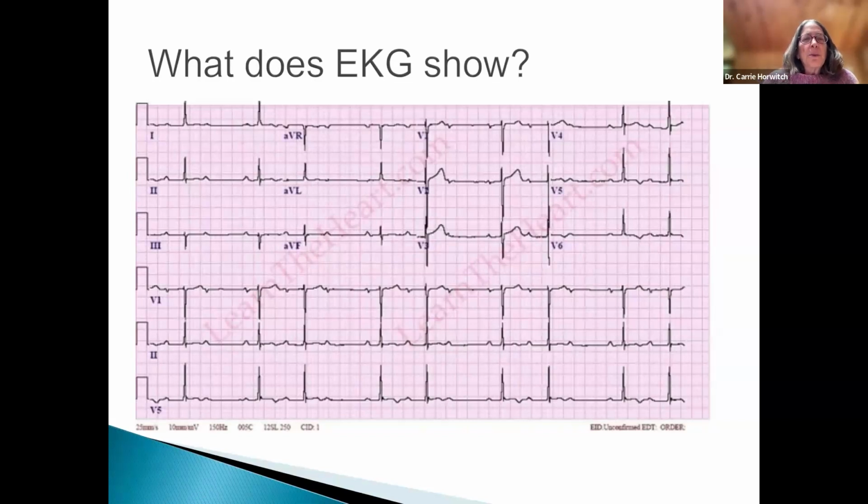So what we can see is the rate. Now I'm looking at the rhythm strip and it seems a little variable. At times it's bradycardic. At other times, it appears normal. So there's something going on here that is not normal. We also don't really have sinus. There are P waves and there are QRSs, but not every P wave has a QRS, and not all the QRSs are necessarily preceded immediately by a P wave.